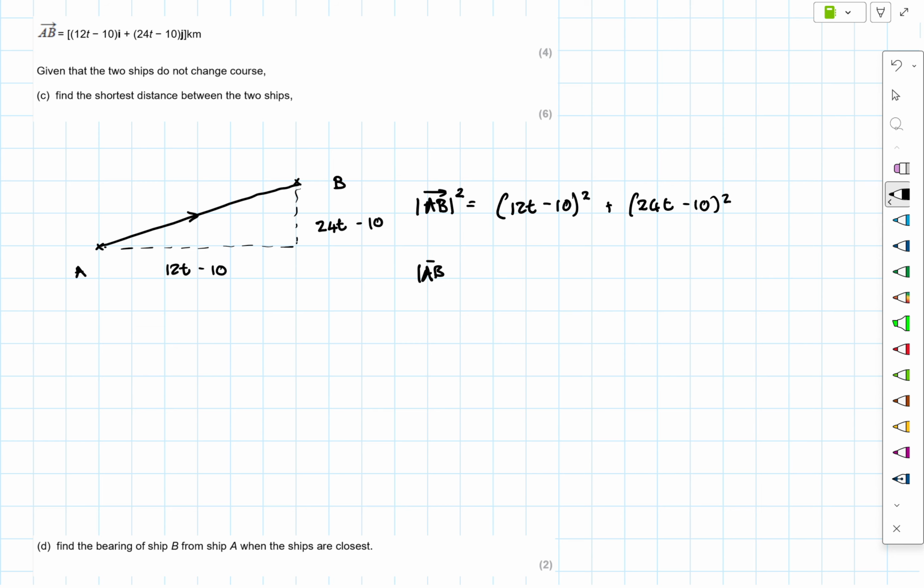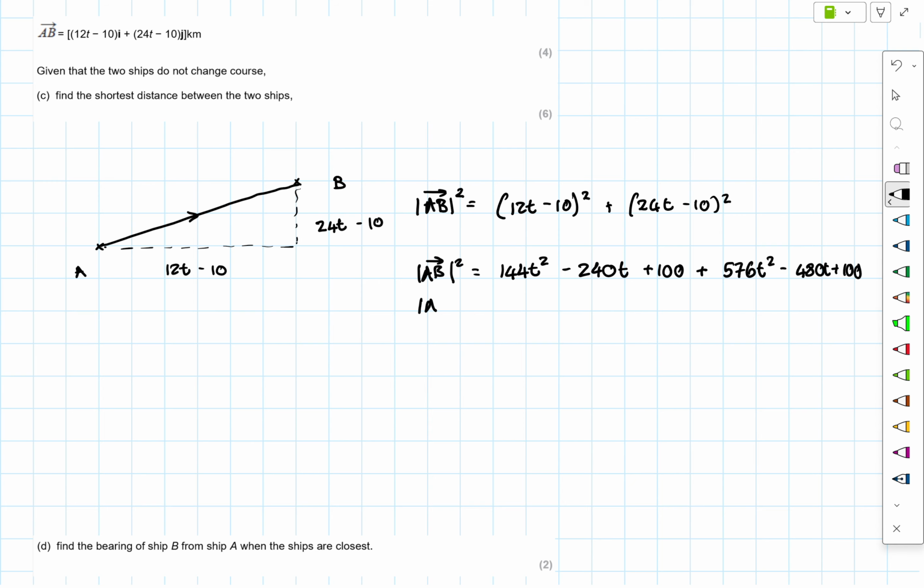Let's simplify this out. So that's 144t squared minus 240t plus 100 plus, I don't know what 24 squared is. 24 squared is 576 t squared minus 480t plus 100.